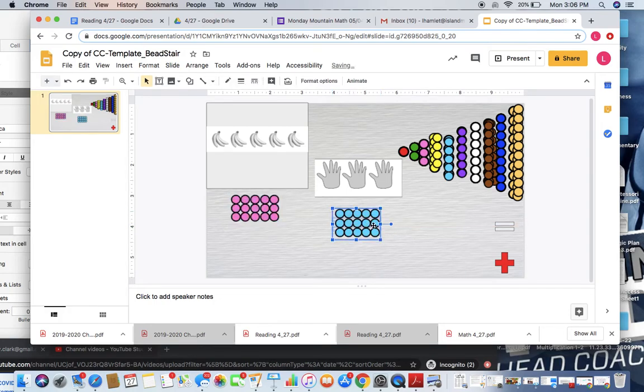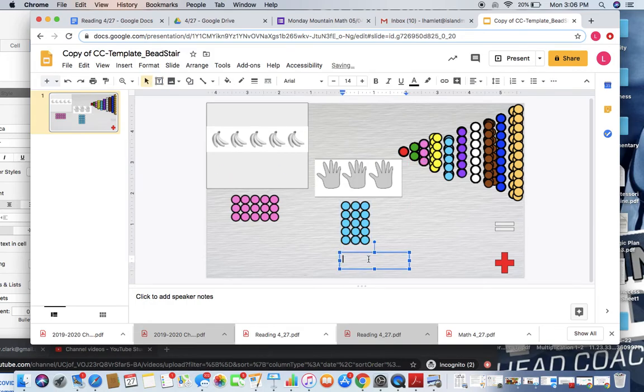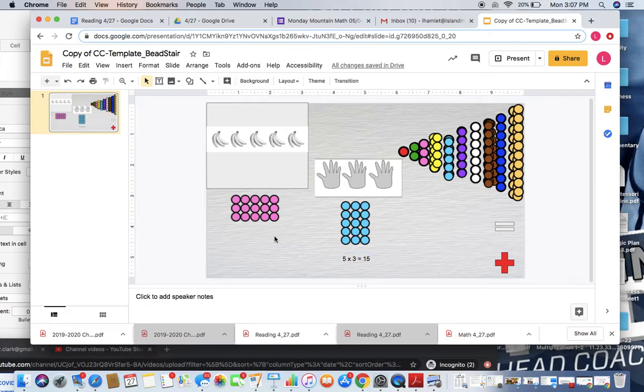So last week when we did our work with our gloves, we actually had a multiplication sentence that was, and I'm going to type it in here, 5 times 3, which equaled 15. And this week, we didn't take 5 3 times.